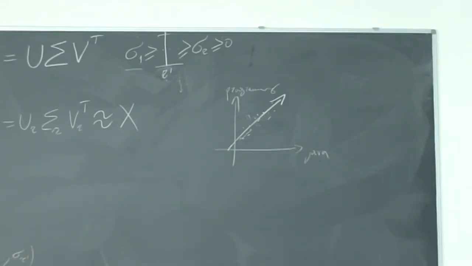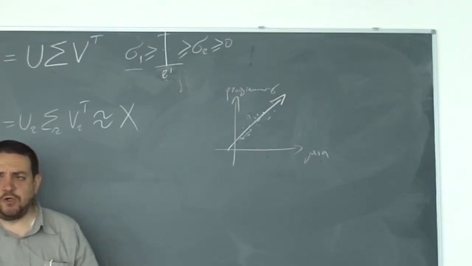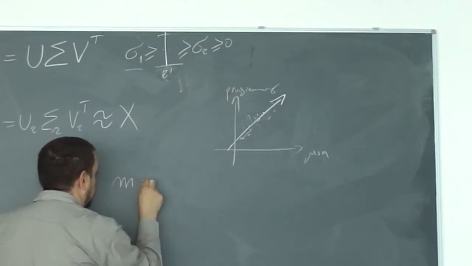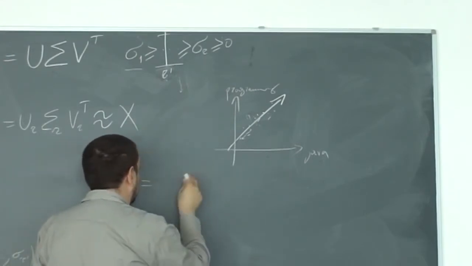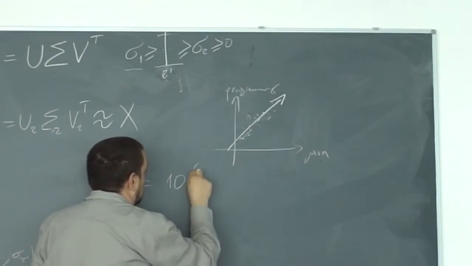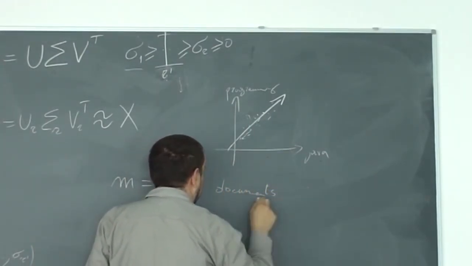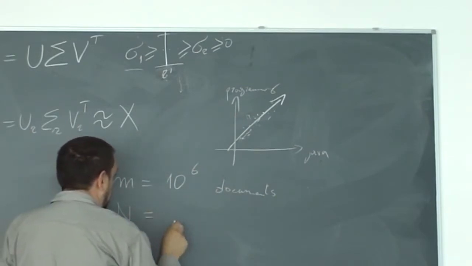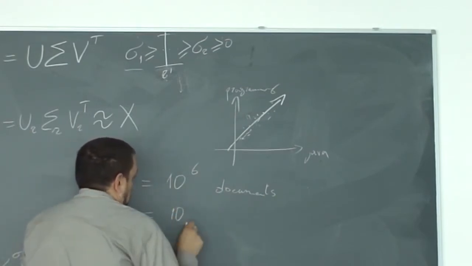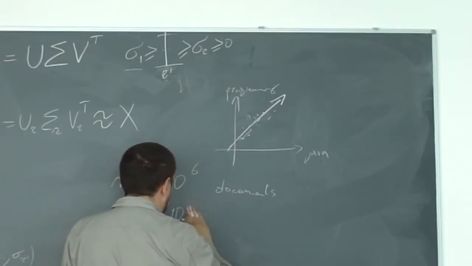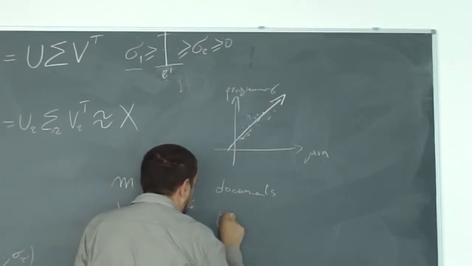So in a real document-term setting, we could have maybe m equal to, who knows, 1 million documents, and n equal to, let's be conservative, 10,000 terms.